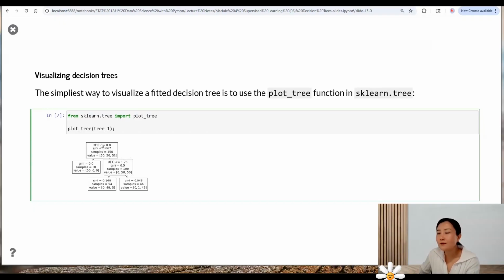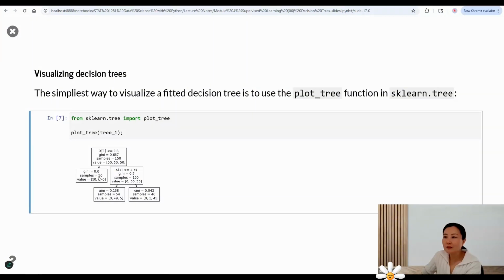And then the first information, x1 is less than or equal to 0.8. This is how the split is done. It uses the first feature in X, which is petal length. If petal length is less than or equal to 0.8, go to the left. Otherwise, go to the right. Take a look at this left leaf.